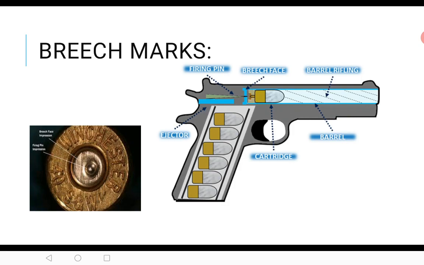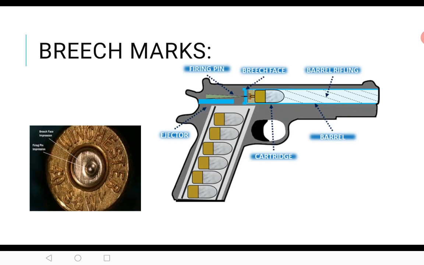Okay, so when the head or base of the cartridge case moves rearward, it strikes what is called the breech face of the firearm. The breech face is the area of the firearm that supports the head of the cartridge case during the firing process.